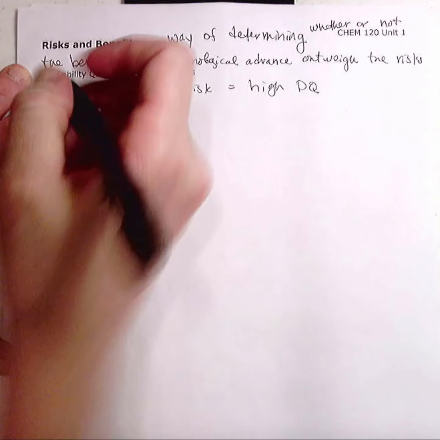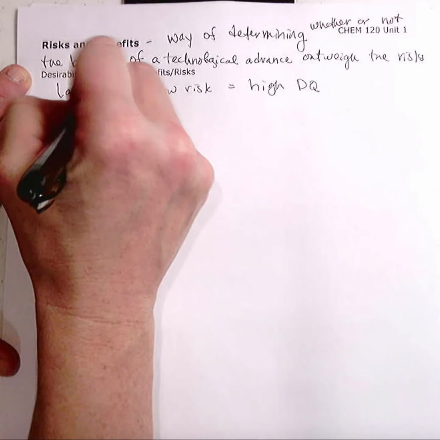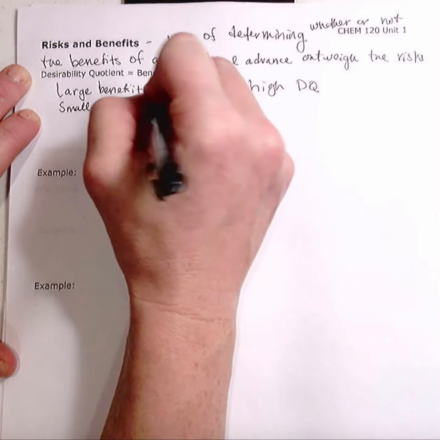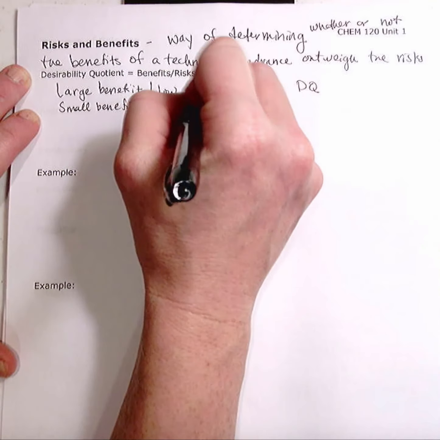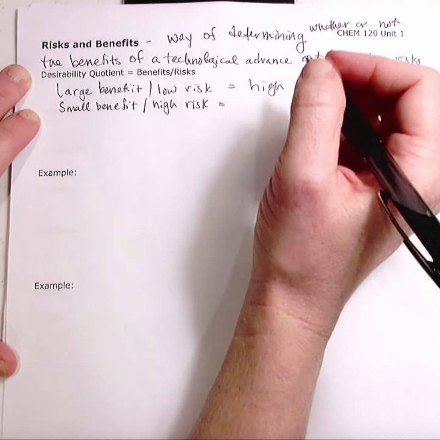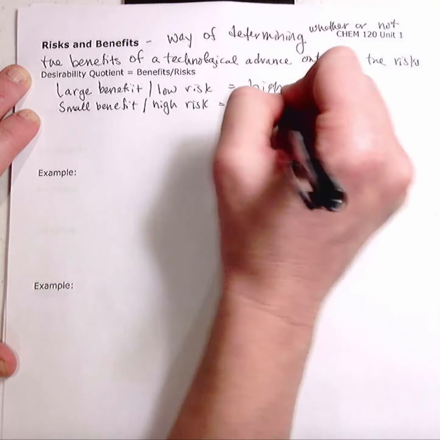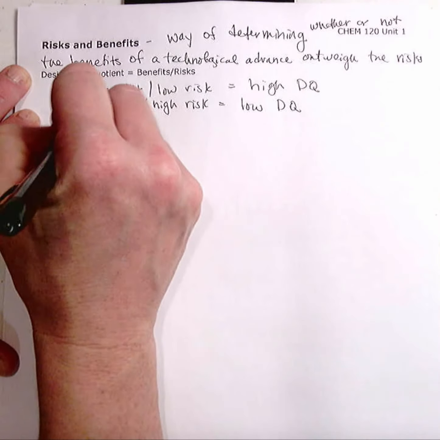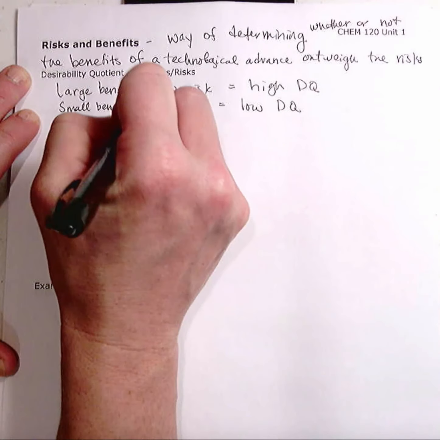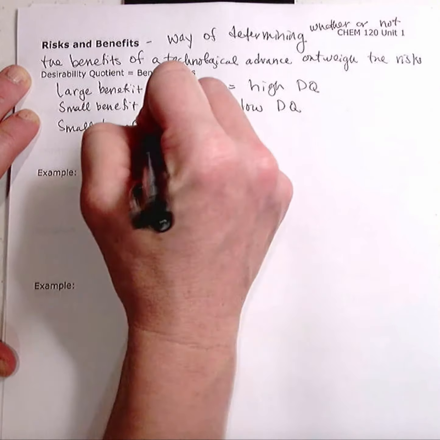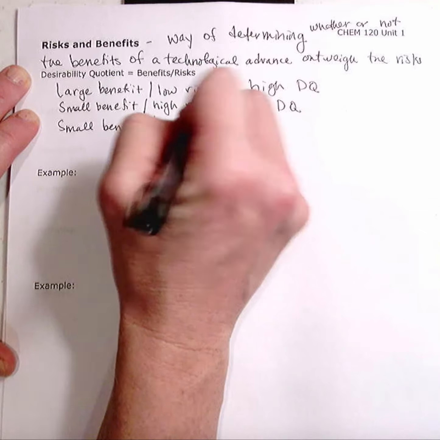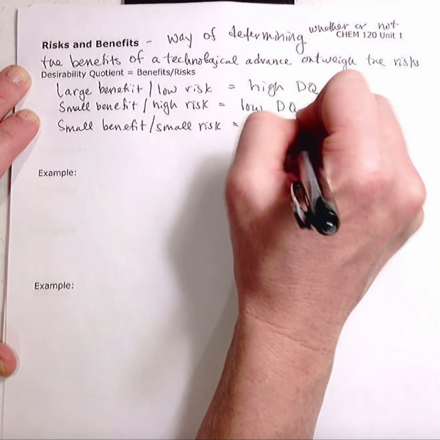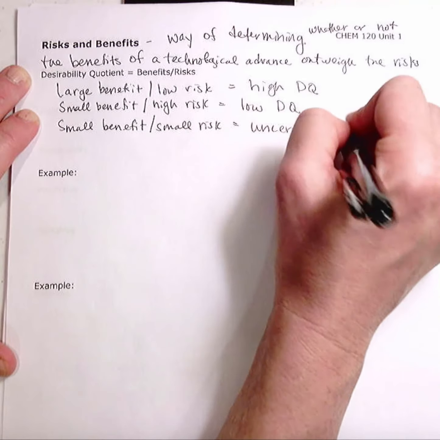If you have a small benefit and a high risk, that is said to have a low DQ. If you have a small benefit, small risk, that's an uncertain DQ.